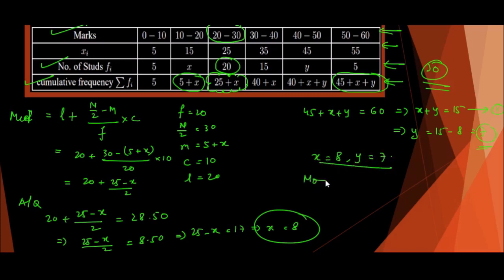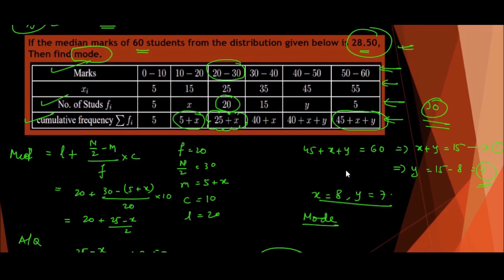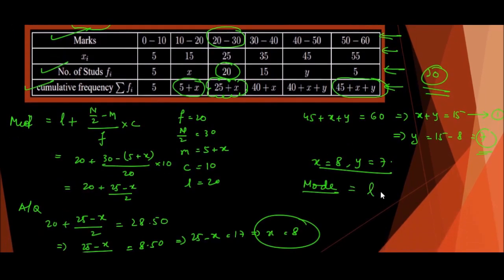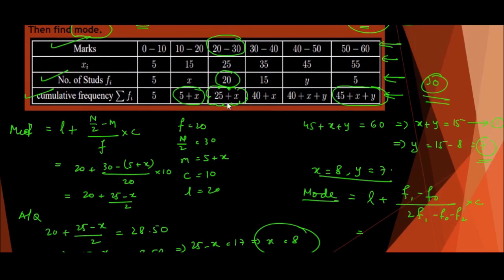Now they are asking for the mode. The mode formula you already know: L plus (f1 minus f0) divided by (2 f1 minus f0 minus f2), times c. Here f1 is 25 plus x, with x equal to 8, so 33. f0, the previous one, is 5 plus x, so 13. f2, this one, is 40 plus x, with x equal to 8, so 48.